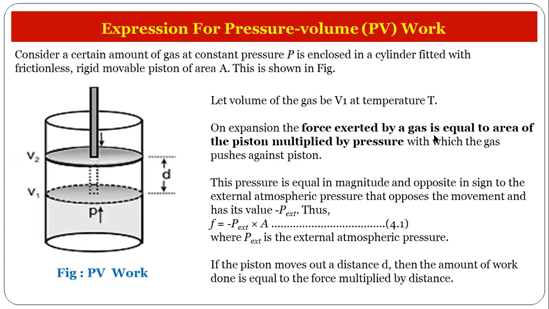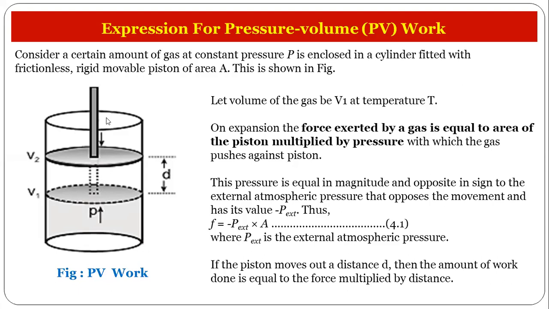Force exerted by the gas is equal to area of the piston multiplied by pressure. See here what will happen. On expansion, this piston is moving upwards against the external atmospheric pressure.